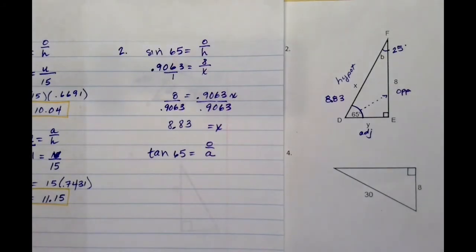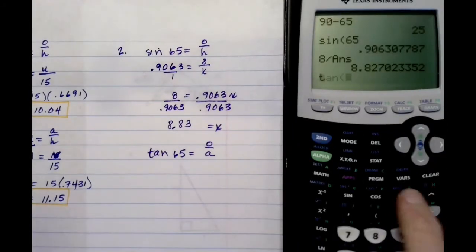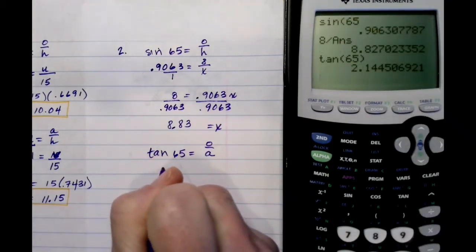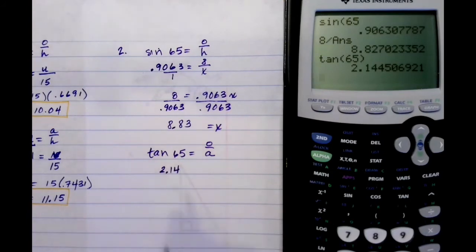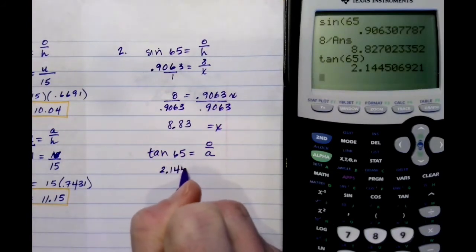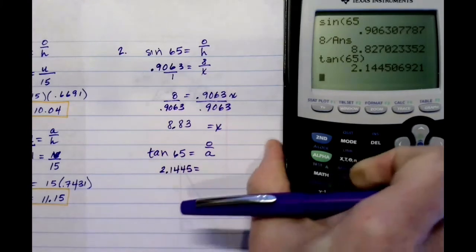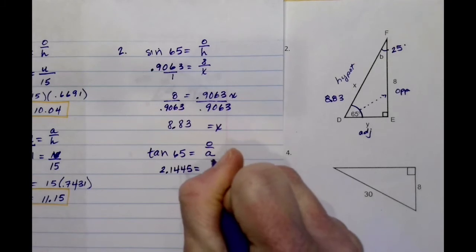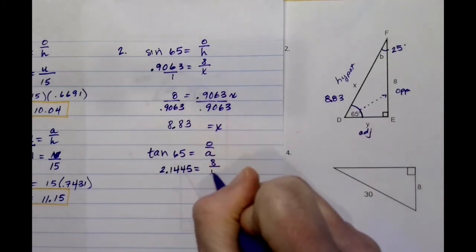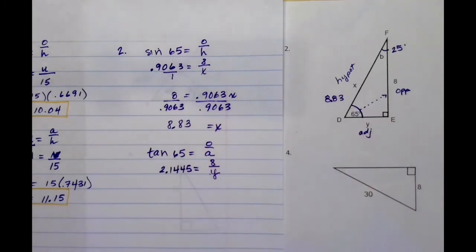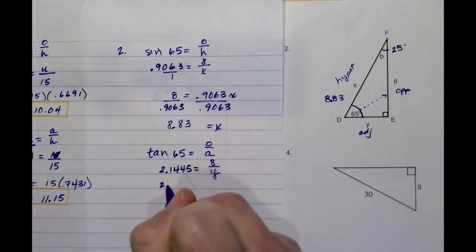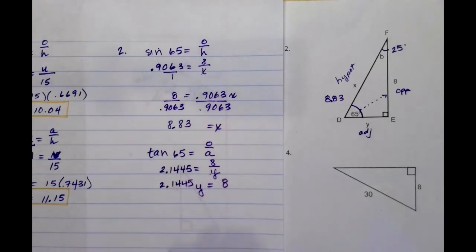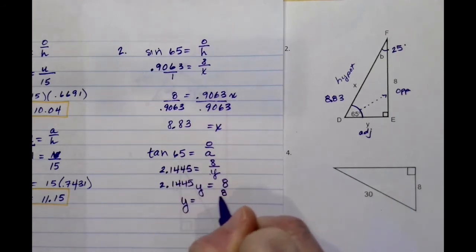So my tangent of a 65-degree angle, tangent of 65, 2.1445 is equal to your side opposite, that's 8, divided by what you're solving for, which is y. So I'll say 2.1445 times y is equal to 8.